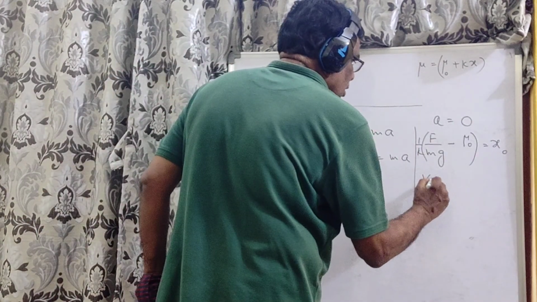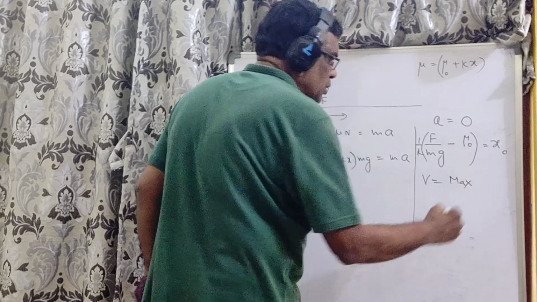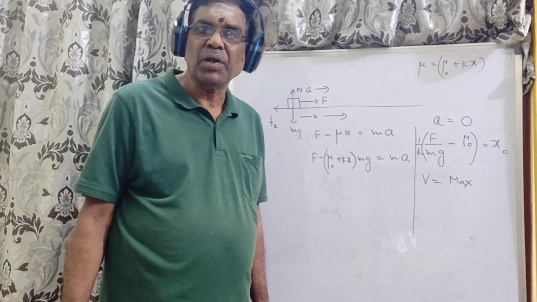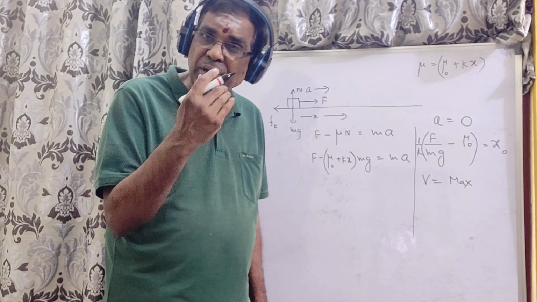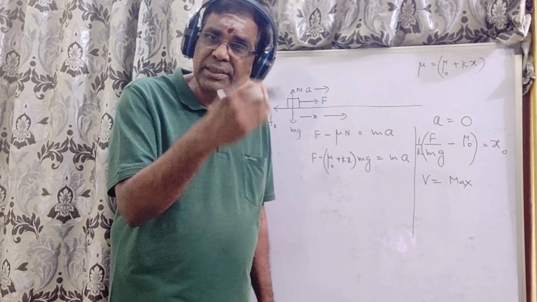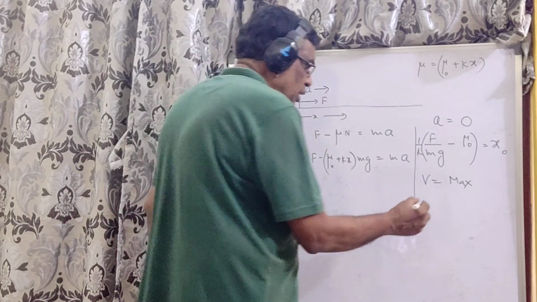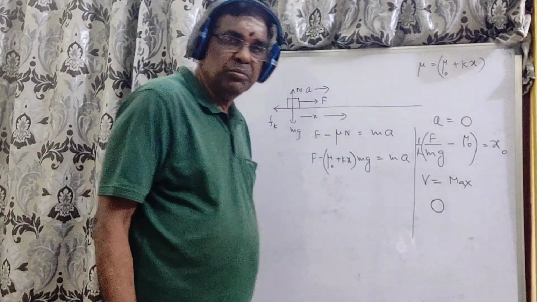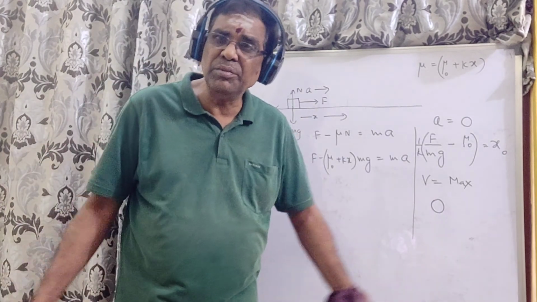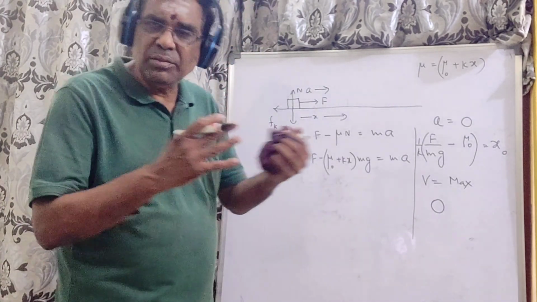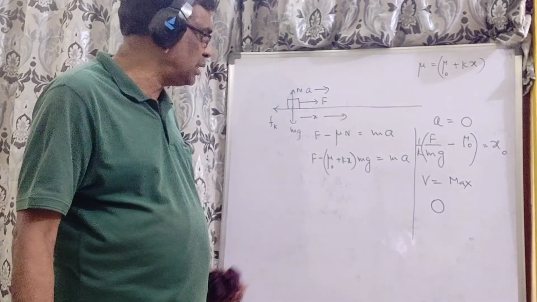When A is 0, V becomes maximum. Afterwards velocity goes on decreasing and finally becomes 0. I may ask at what time the velocity becomes 0, at what time the velocity is maximum, etc.